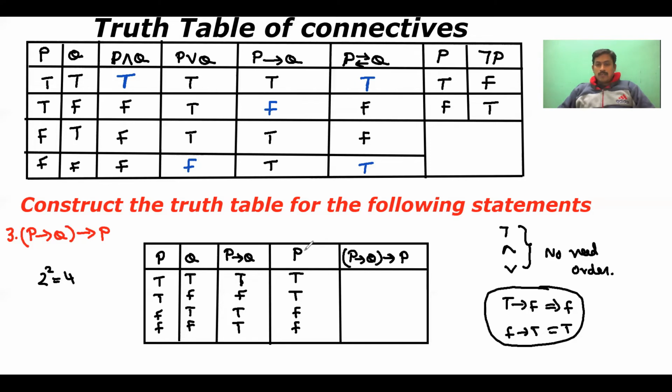Because of that reason only I have rewritten this P. Now T then T is T, F then T is T, T then F is F, T then F is F. That is our required truth table.